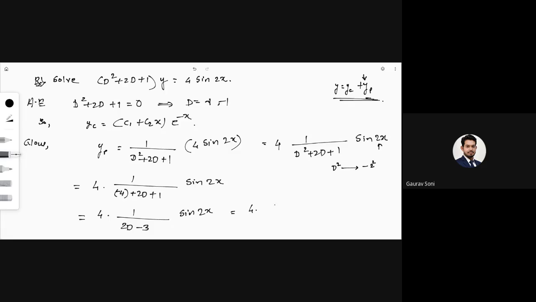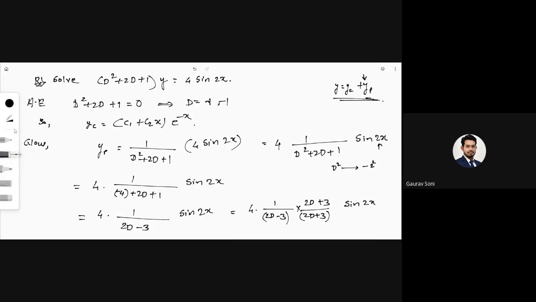So we will have 1 upon 2d minus 3 into 2d plus 3 upon 2d plus 3. Look in the denominator what you have got, a minus b and a plus b. So a minus b, a plus b will be a square minus b square.